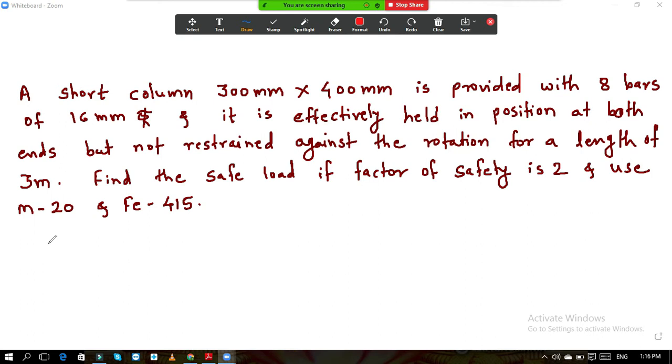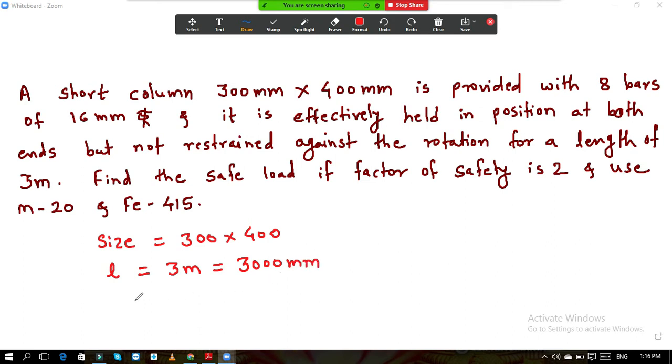The size of column is given to you. Size of column is 300 by 400. From this size you can find out the gross area. Second, length of the column, L, is 3 meter, which is 3000 mm.